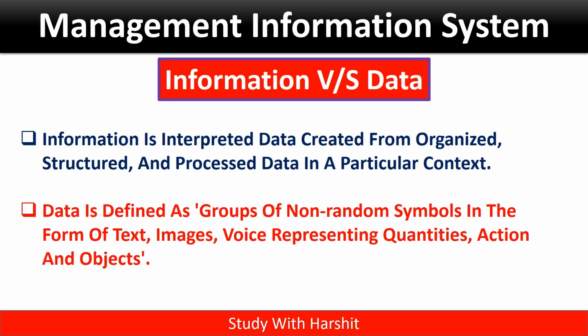Information versus data. Information is interpreted data created from organized, structured, and processed data in a particular context. Data is defined as a group of non-random symbols in the form of text, images, voice representing quantities, actions, and objects.